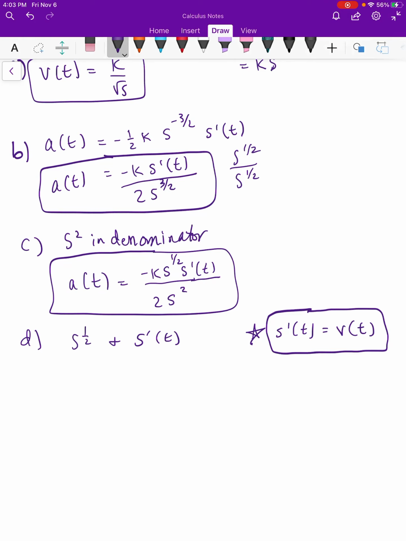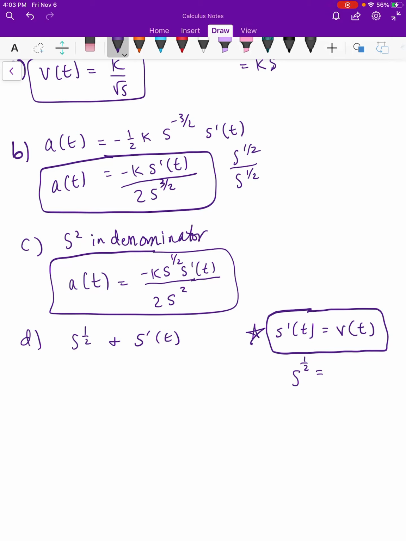I was thinking that it was going to have to be implicit differentiation. But I don't think it did. I don't think that we needed to do that. But what we did probably need to do was realize what is the appropriate substitution for the square root of s.